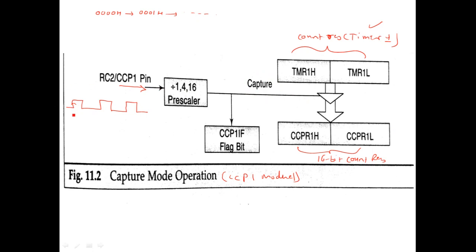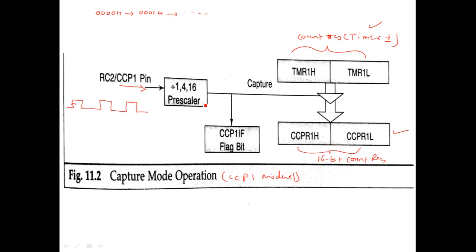At the rising edge of the input waveform, for example, the count in the timer registers will be captured into the count registers of the CCP module. At the same time, there is an interrupt flag associated with this CCP module. That flag will set, and if the corresponding interrupt is enabled, then the CPU will be interrupted. When the CPU is interrupted, it can read the content of these registers. So it will find the count which is captured here.